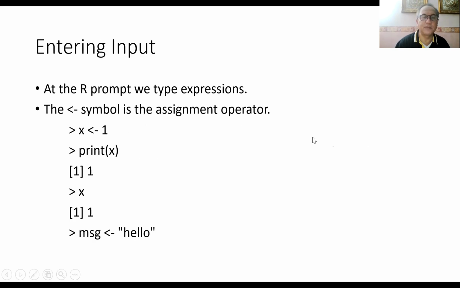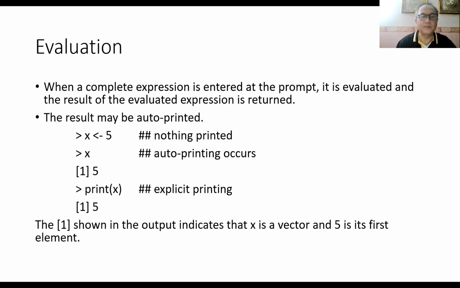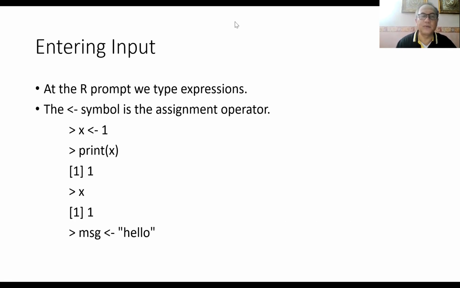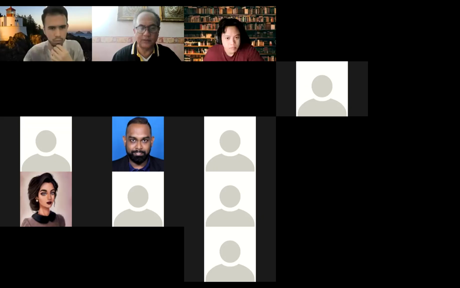And this is input. I think rather than looking at this, you might as well open up your R. You can have two types of R: the basic R, or you can install R Studio, which is better.